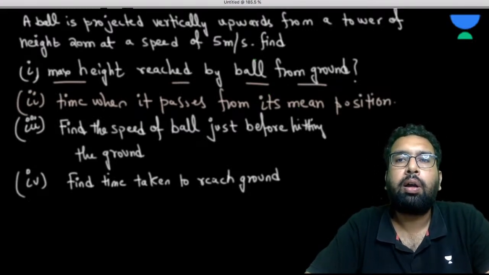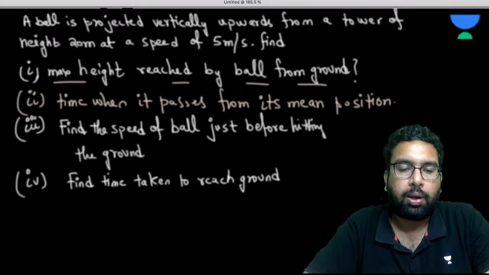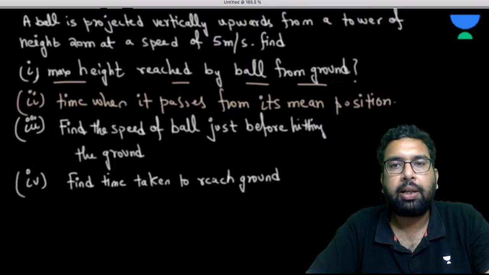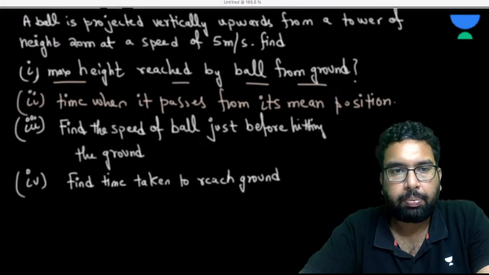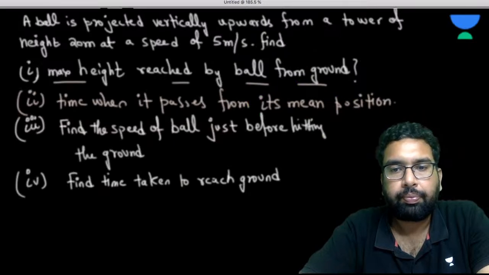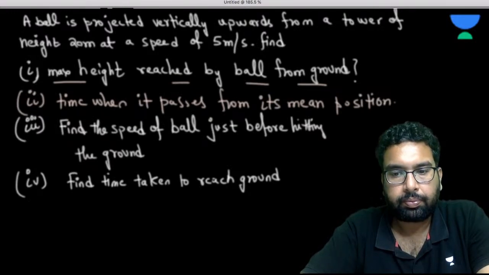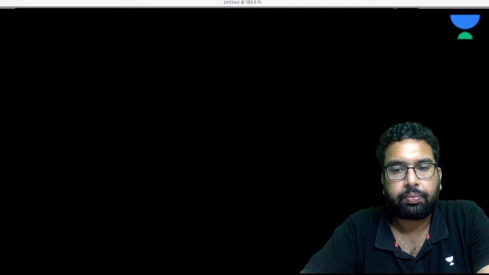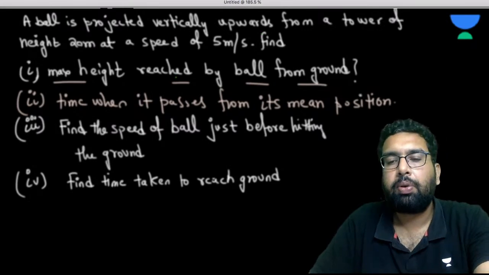First of all, the ball is projected vertically upwards from a tower of height 20 meter at a speed of 5 meter per second.